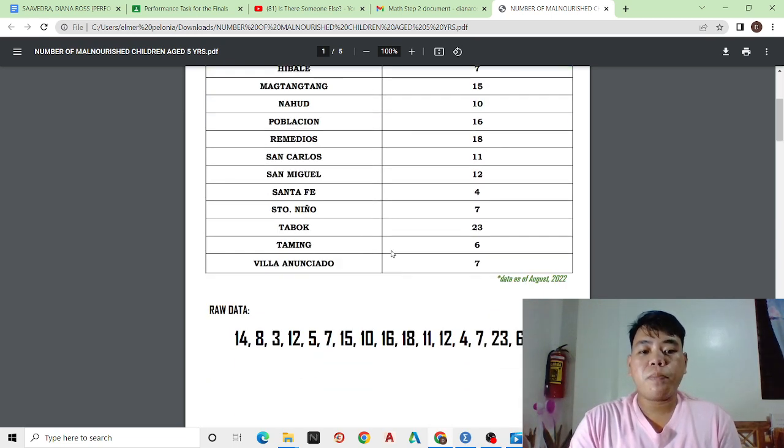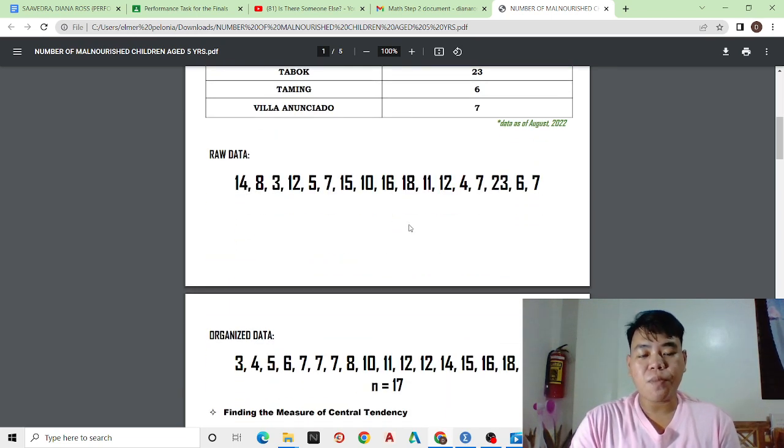I have already computed the measures of central tendency, measures of position, and measures of variability.